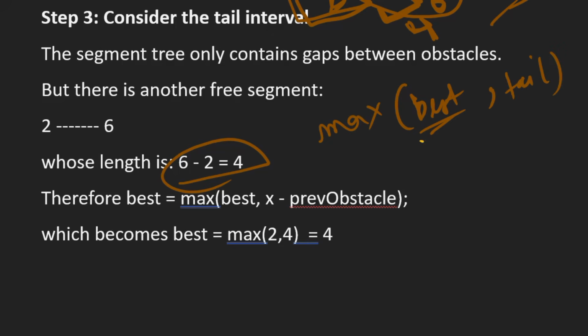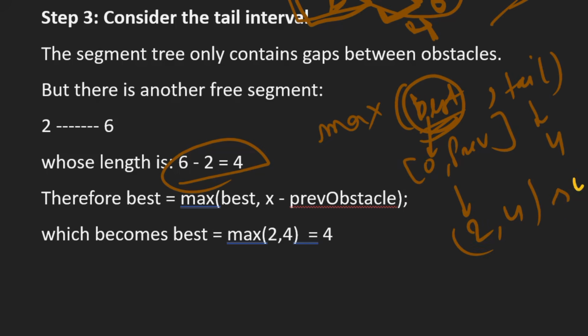So we take the maximum of the query, that is from 0 to the previous obstacle, comma tail, which is 4, and this is 2. So the maximum of 2 comma 4 is 4. So the maximum gap that we get from 0 to 6 is 4, and our block size was also 4.